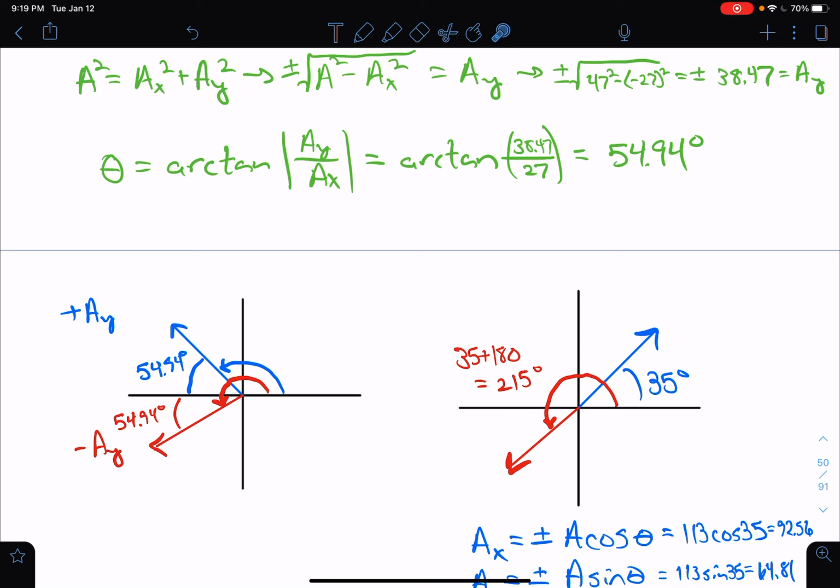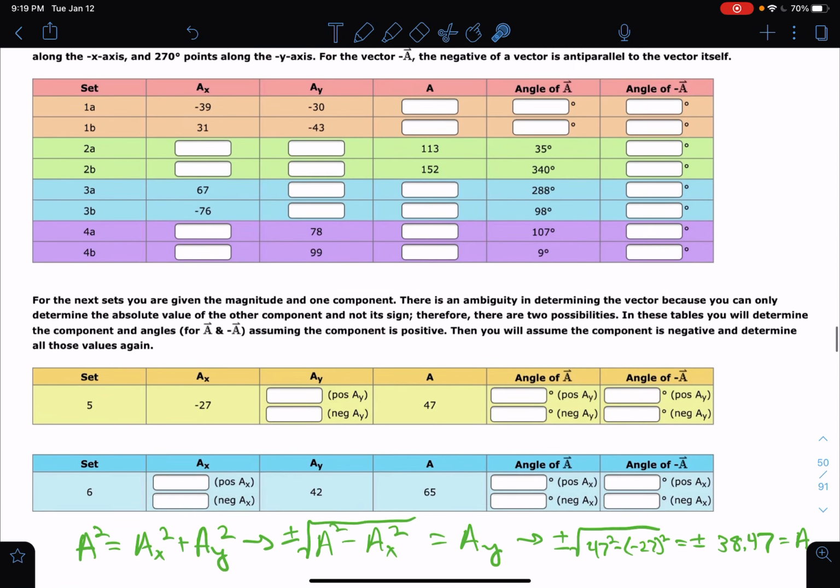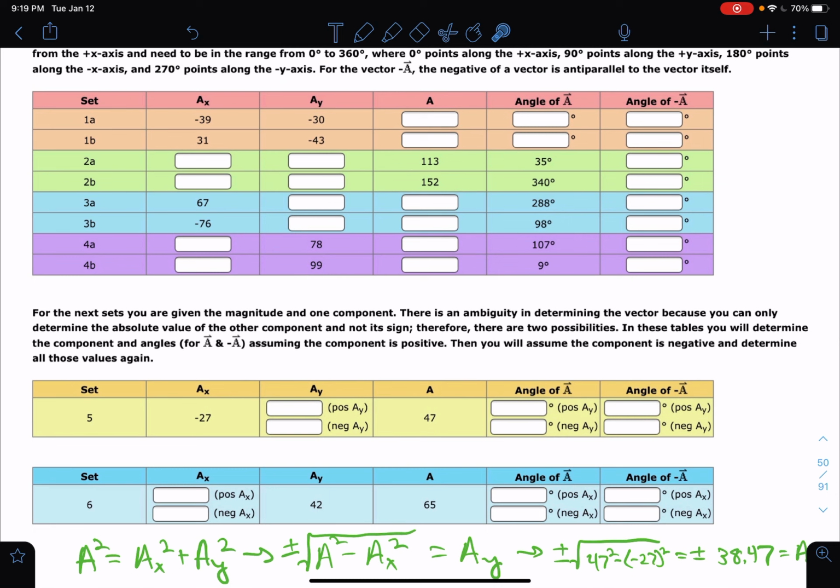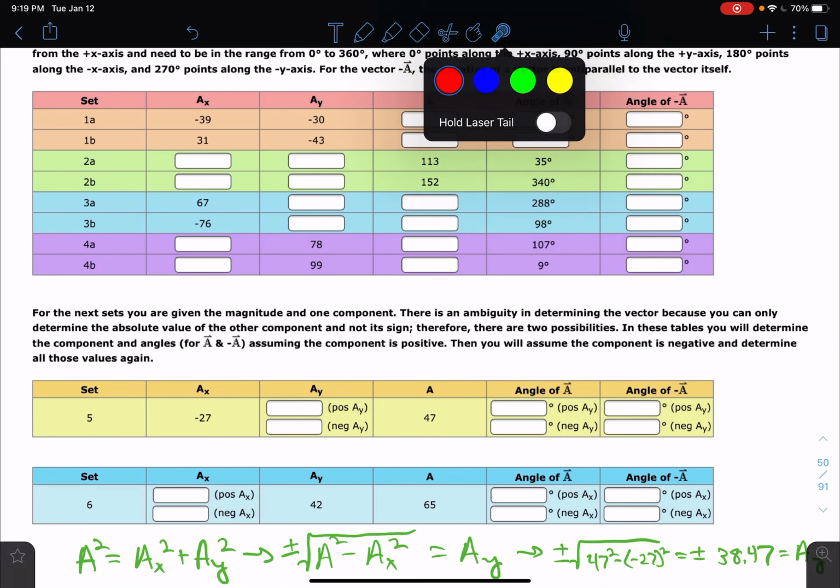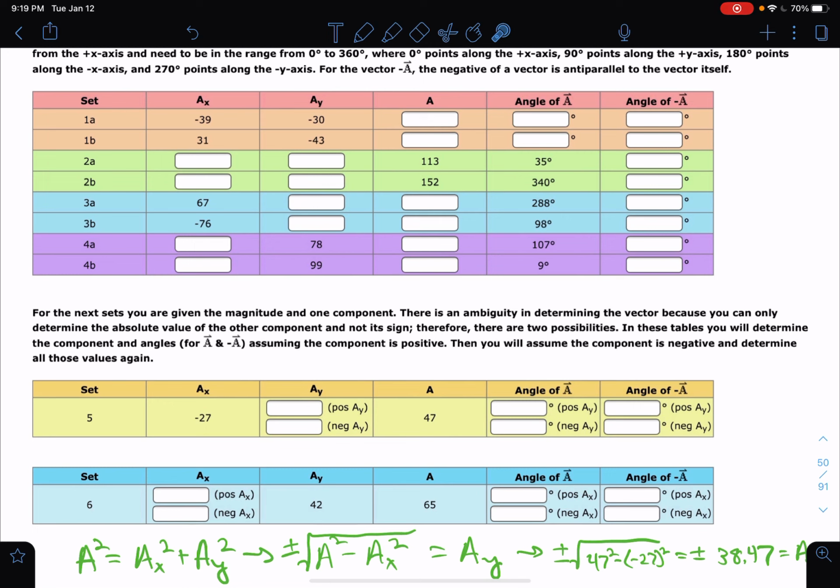And then, as if that weren't enough, I've got to draw the anti-parallel vectors for both of these, and I've got to figure out the angles for those using the same techniques that we've already discussed here. That's the idea with this lab. It's getting used to these vector quantities, taking all the information that you're given and using it to help figure out what you don't know yet, and also to figure out the angle of the anti-parallel vector.